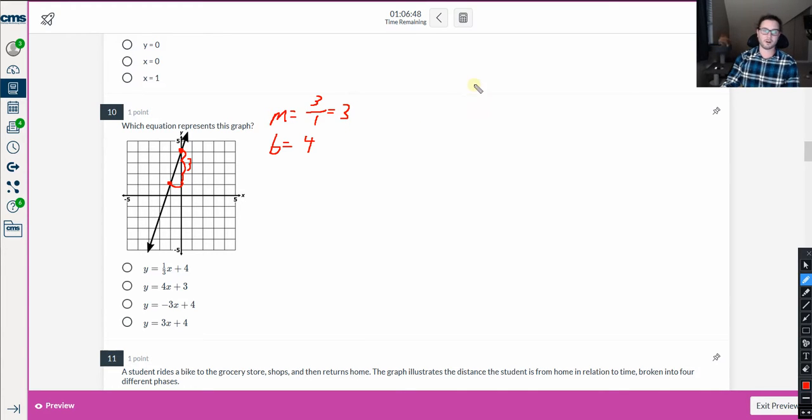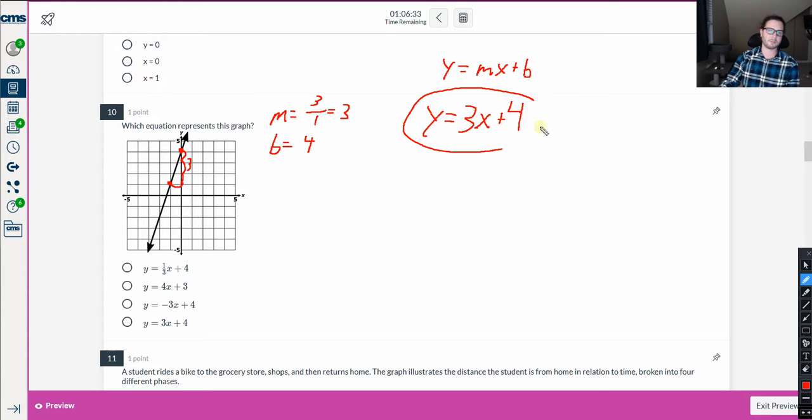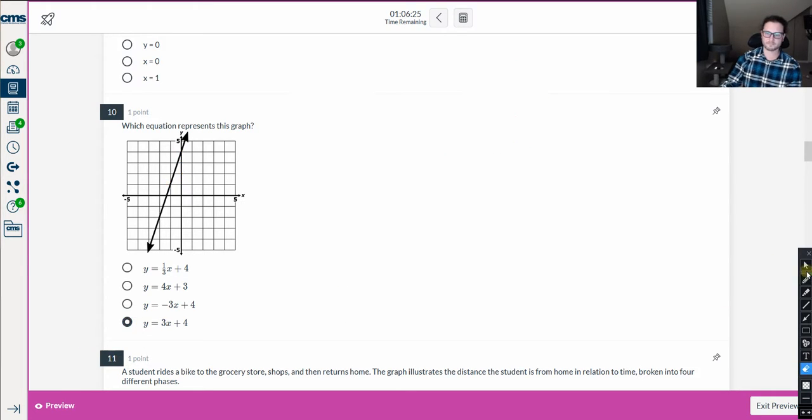So when I plug all this into my equation, y equals mx plus b, we've got y equals, replace my m with a 3, plus, that's going to be a 4. This should be the equation I am looking for, which is this one right down here. That's going to be it for number 10.